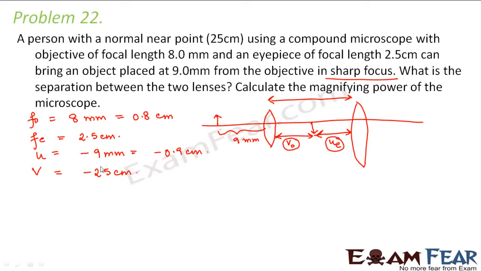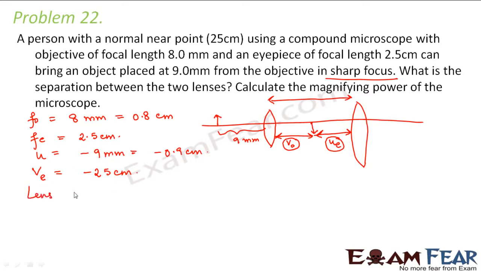So, what is this 25 centimeters? 25 centimeters is nothing but the image formed by the eyepiece, because it is telling about the final image formed, right? It says that this compound microscope can bring an object placed at 9 millimeter from the objective in sharp focus. That means this is the final image formed by the compound microscope. That means the final image formed by the eyepiece.